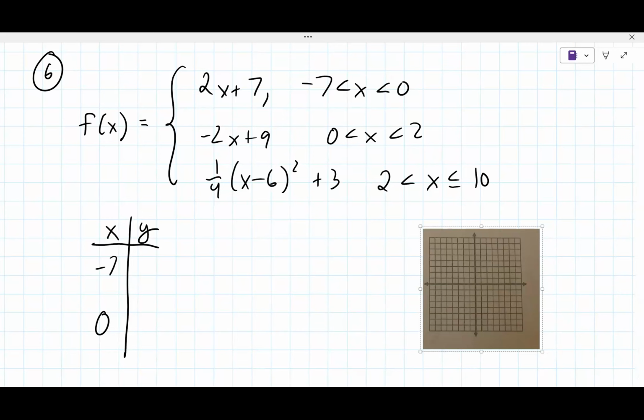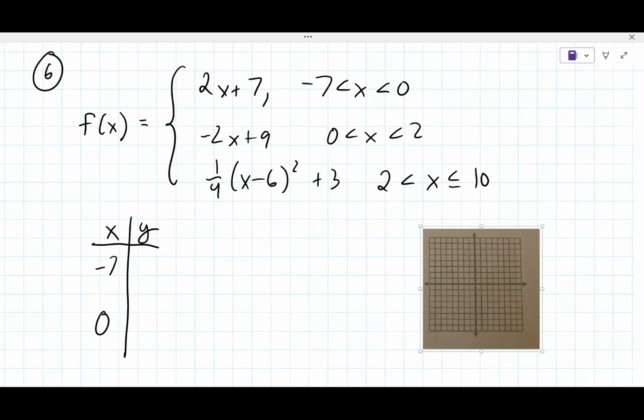Is it an open or a closed circle at each of these? Why is it closed? It has nothing to do with the negative. It has to do with the inequality.